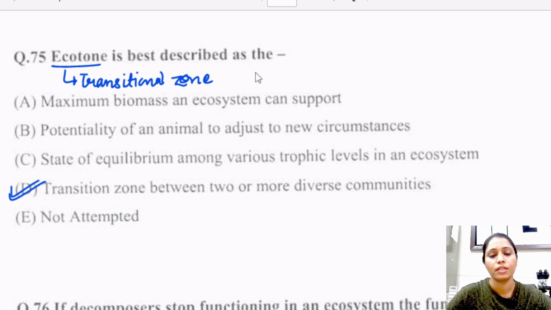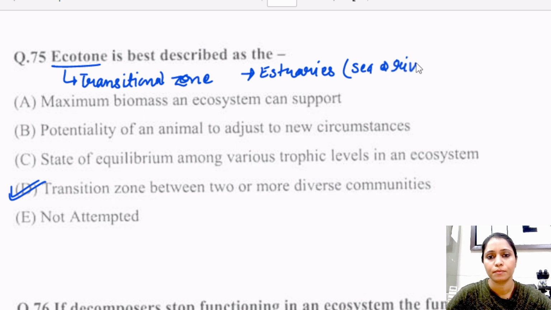If we talk about examples of ecotone, there are estuaries, a transitional zone between sea and river. Another example of ecotone is mangroves.